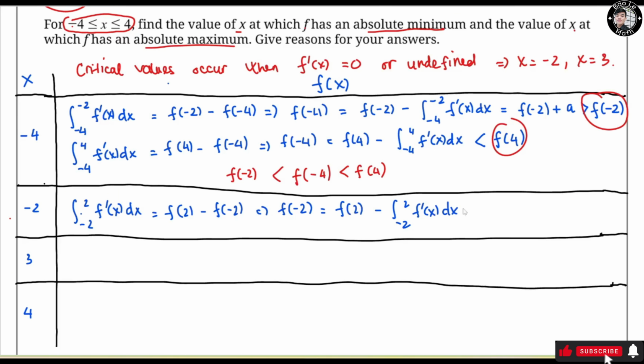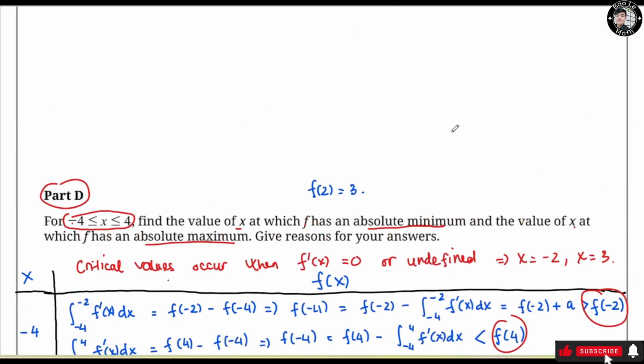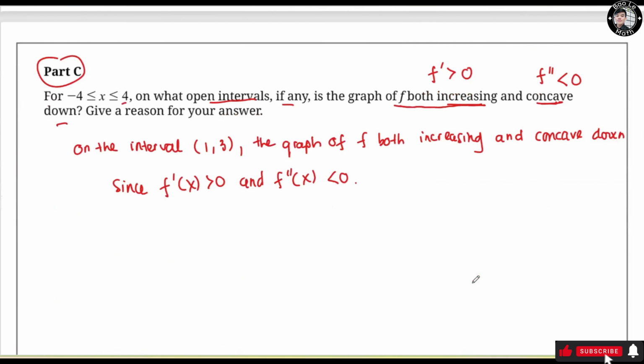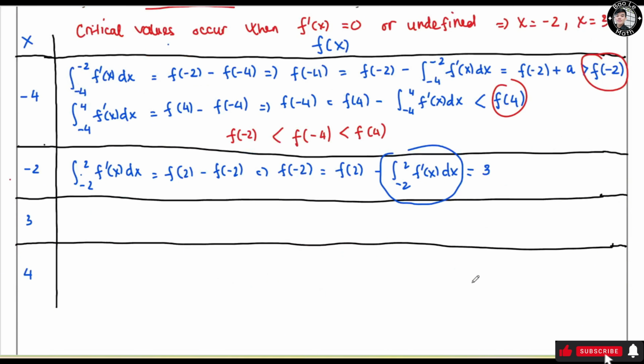But f of 2 is 3, right? And the integral from -2 to 2 of f prime of s ds is the area of the region above the axis. It's going to be right here, and it's always positive. So 3 subtract a positive number is less than 3.